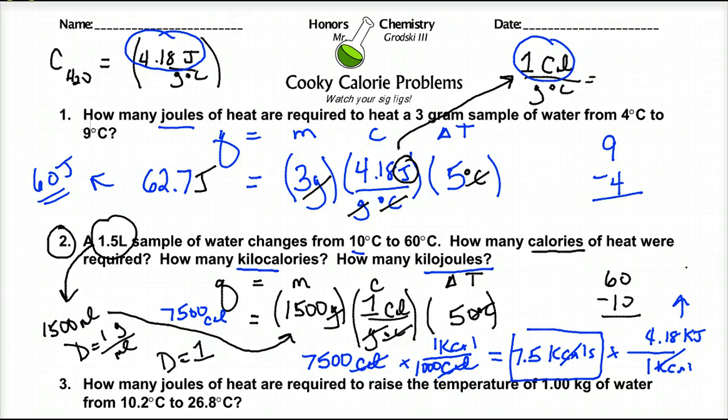What does my calculator tell me? 7.5 times 4.18, and I get 31.35, and that's kilojoules. So I'm just having to convert here. Obviously, we're rounding off to 1 sig fig, so this would be 30 kJ. Okay. All right, moving on to number 3.